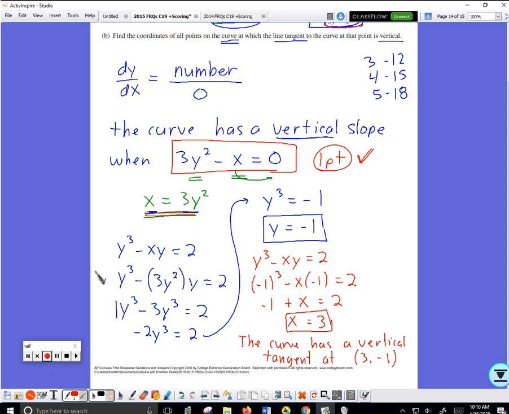This equation right here was worth a point. And then as long as you go on and find the correct final answer, you have to list it as a coordinate point. That would be worth 1 more point, for a total of 3 points.